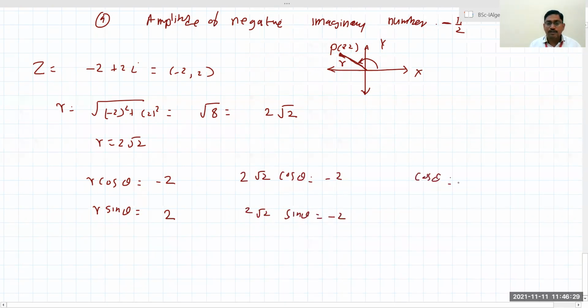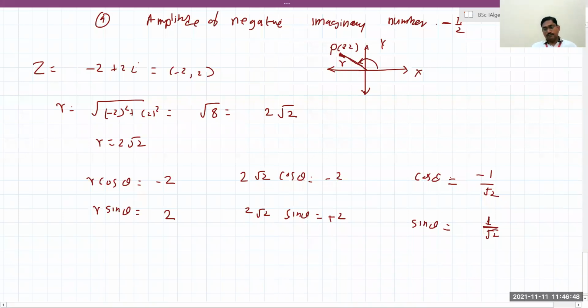So cos of theta is minus 1 upon root 2 and sin theta is plus 1 upon root 2. Now you tell me, what is the angle?